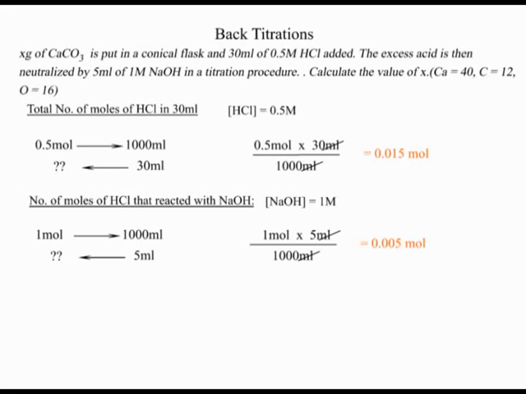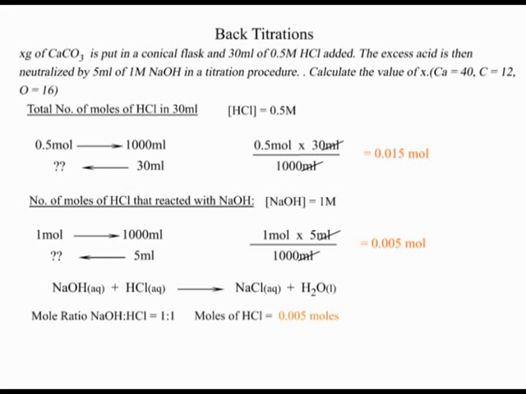Now we find the number of moles of hydrochloric acid that reacted with sodium hydroxide. We get the mole ratio from the chemical equation. There it is. That is the chemical equation. The mole ratio is 1 to 1, and therefore the moles of hydrochloric acid is also 0.005.